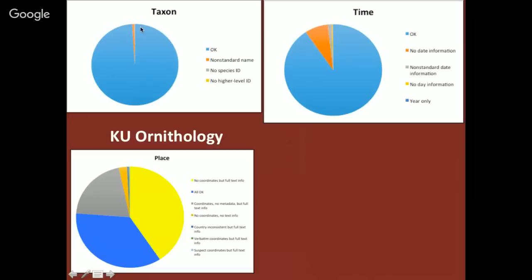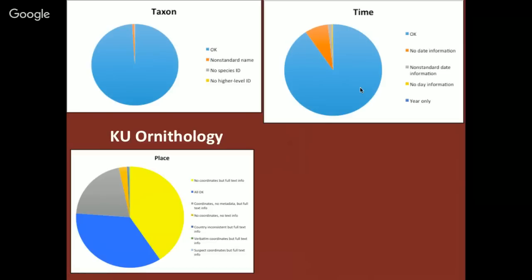There are a few non-standard names, which basically just means that my dear colleague Mark Robbins is updating the taxon names so quickly to match current taxonomic opinion that some of those names are not in the authority lists. With regard to time, we're mostly okay, but a non-trivial portion of the records, maybe a 10th or a 12th of the records, don't have date information.